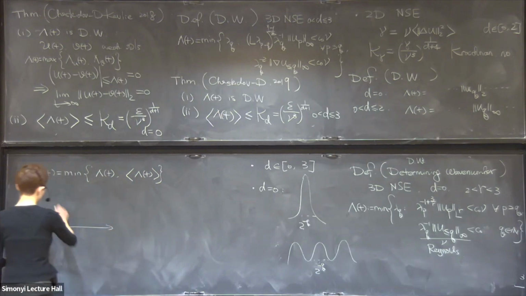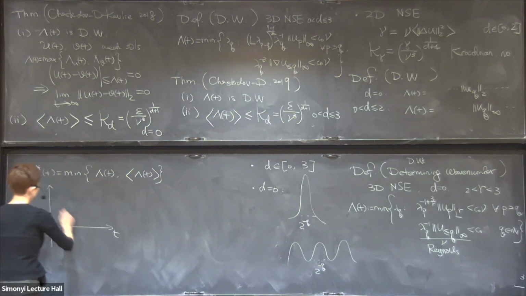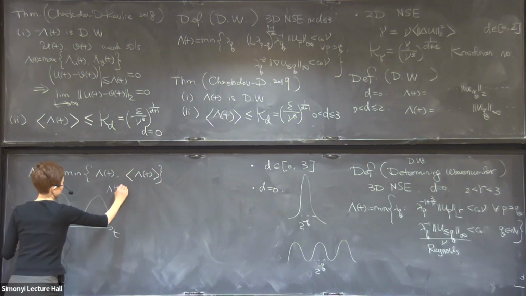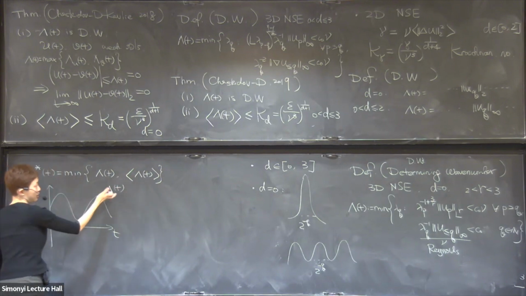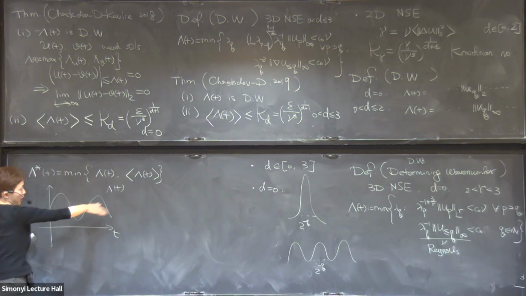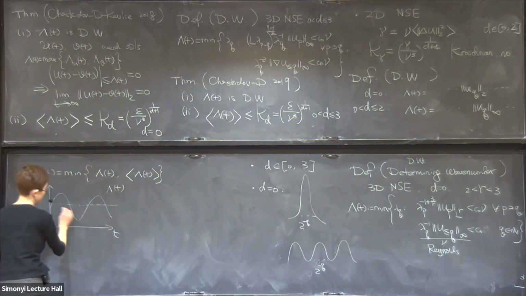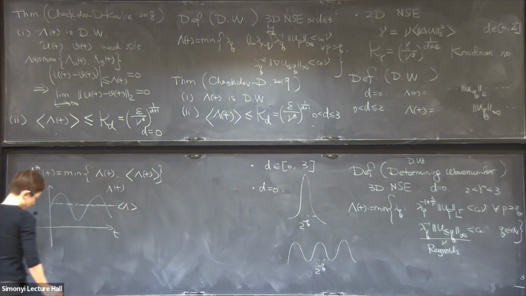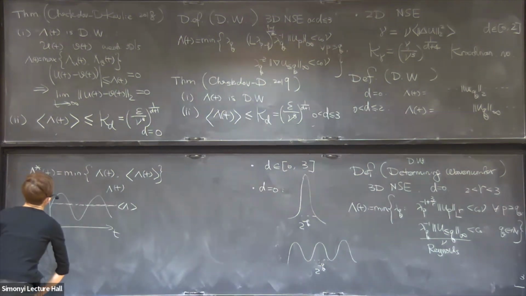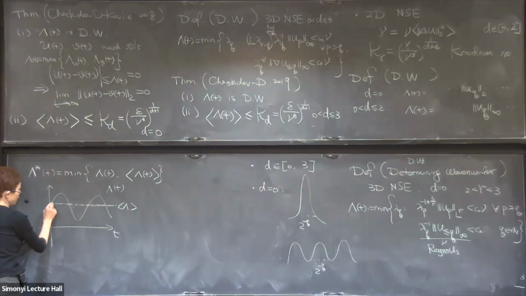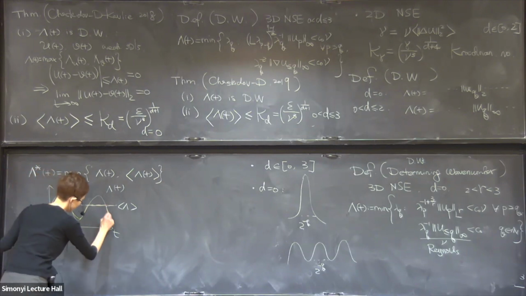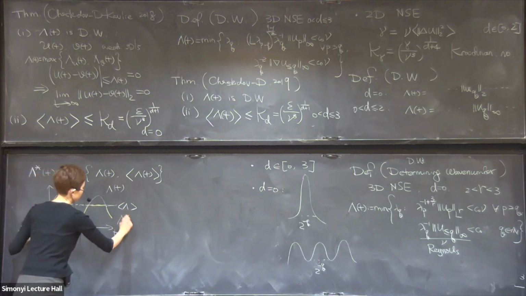If we draw a picture here, say that is the lambda defined there. Since solutions are bounded, all of the norms have an upper bound, so it makes sense to talk about the average, which should be finite. That's the average, and the star is the minimum. So we take it like this. That is the star.